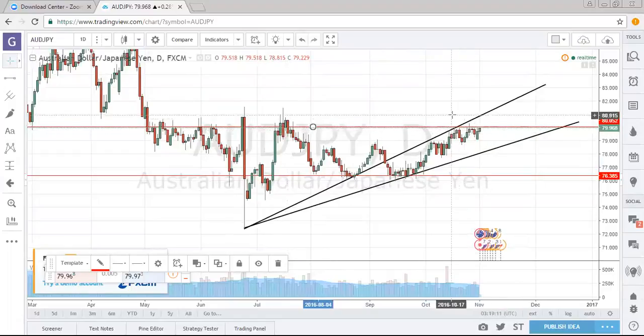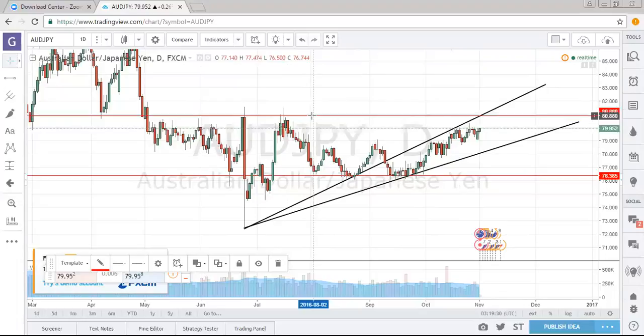Okay, very strong range right here. Okay, tapped right here. Tap this TL. Couldn't break it, and it's gonna tap it again to retest for this second resistance level. Okay.